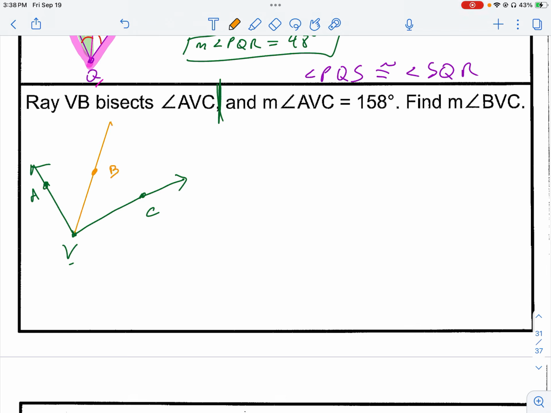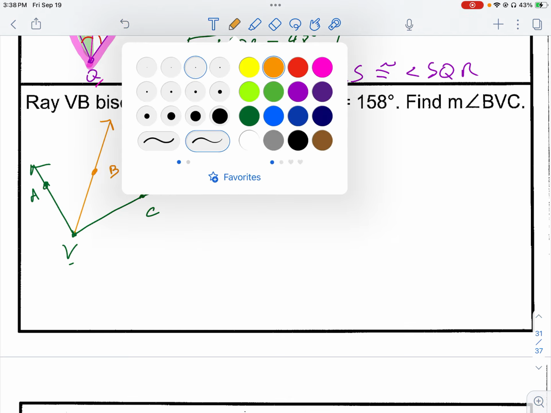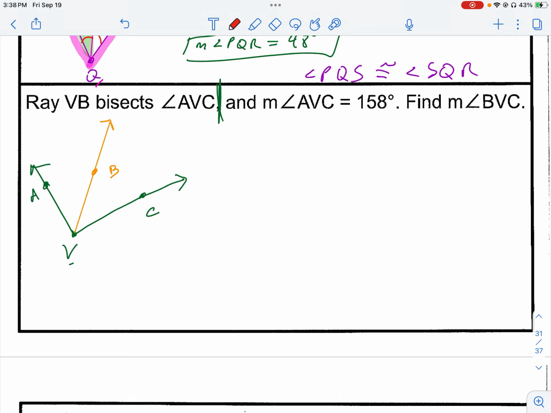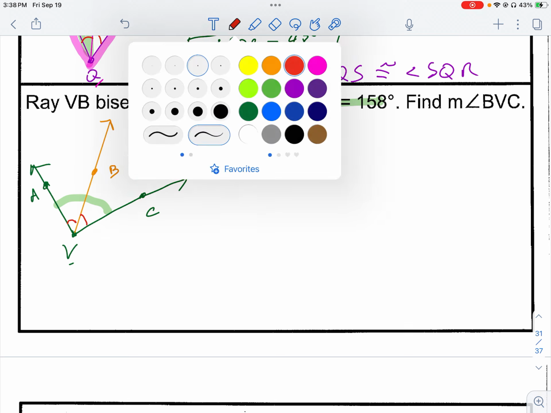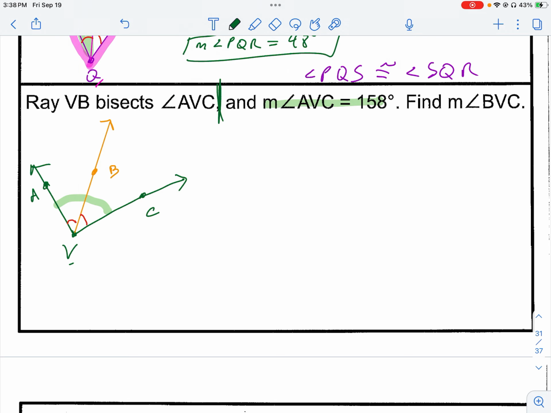It's not to scale, so I'm not too worried about it. Bisects my angle, which makes these two the same. And the measure of angle AVC is 158 degrees. That's the whole angle.